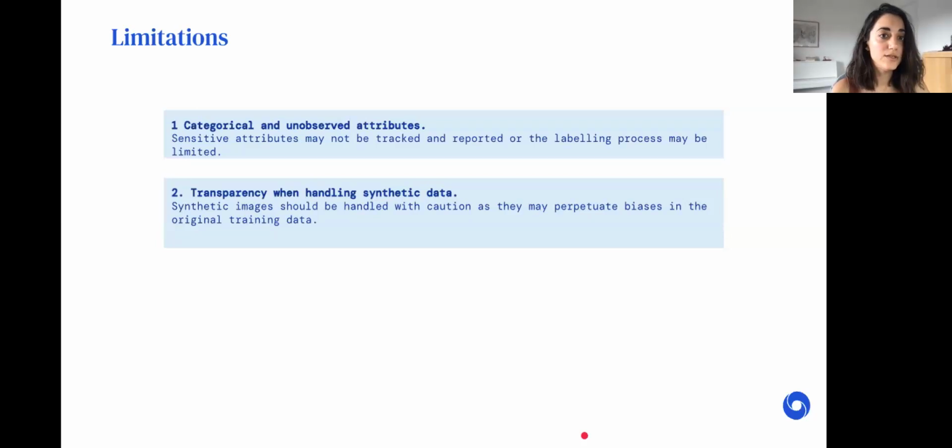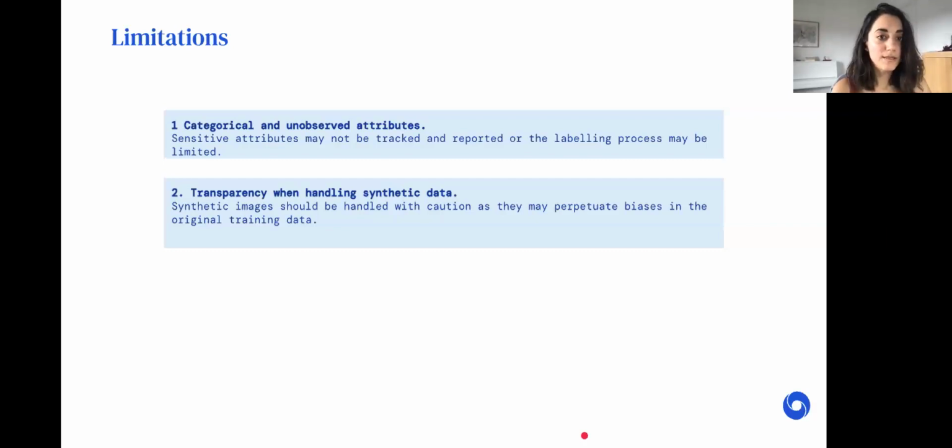In terms of limitations, we cannot track performance on sensitive attributes that are not tracked or recorded. The classes or buckets that we use may also have their own limitations, like the Fitzpatrick skin tone or biological sex sometimes.